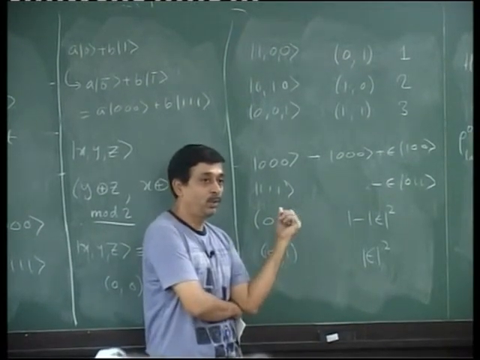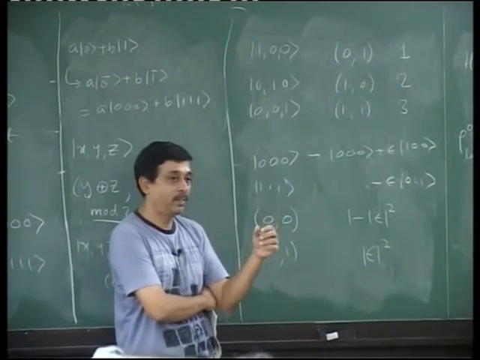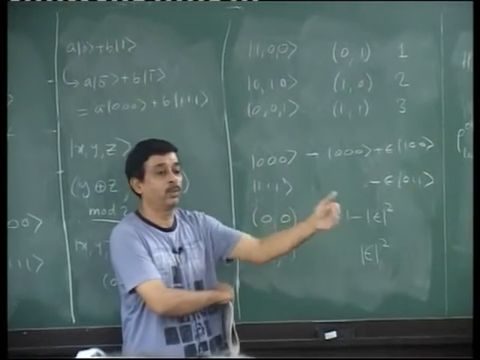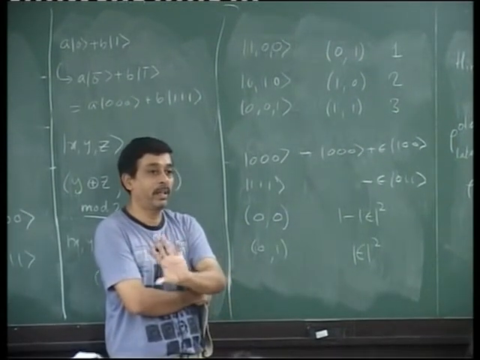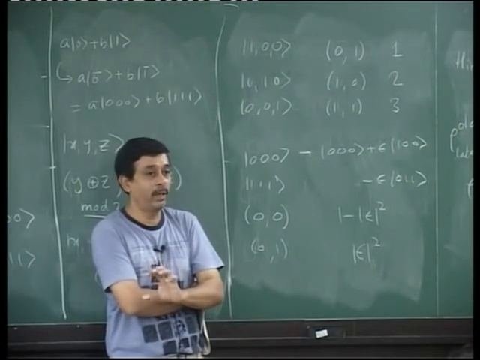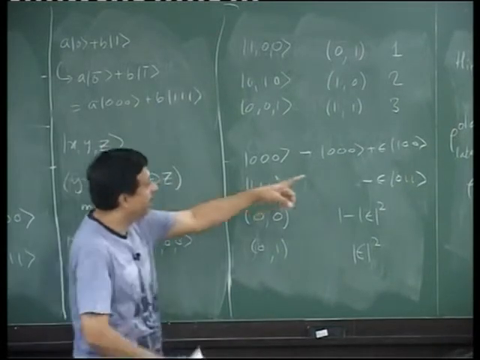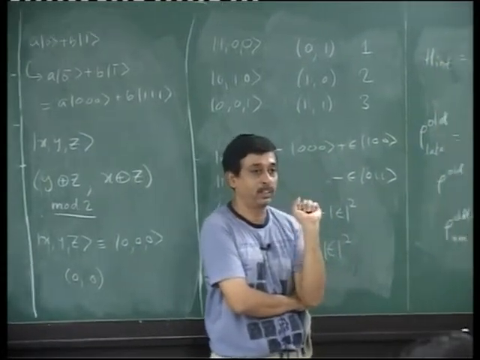So you define an operator which will do an error correction for you, so that you could still continue to have unitary evolution. So the purpose is to write down an error correcting operator and show that this error correcting operator along with the unitary time evolution operator gives you a total unitary evolution of the entire system. That is the idea.